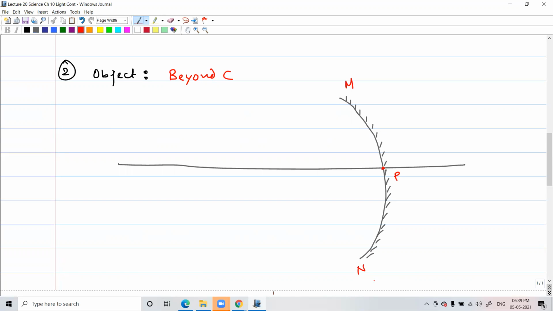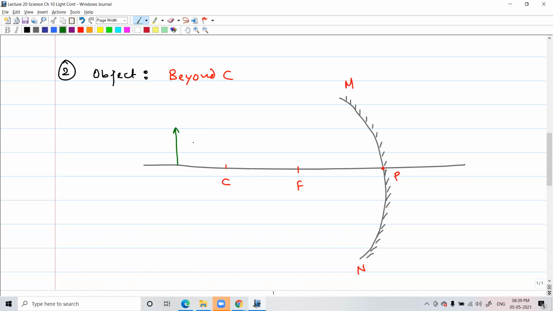Here is F, and here is C. Like I said, take some comfortable distance, call it F, and take the exact same distance using a scale, call it C. So where should I keep my object now? It will be beyond C, means somewhere away from C, but this time it will be close enough, and I will be able to put this object in such a way that its foot is lying on the principal axis.